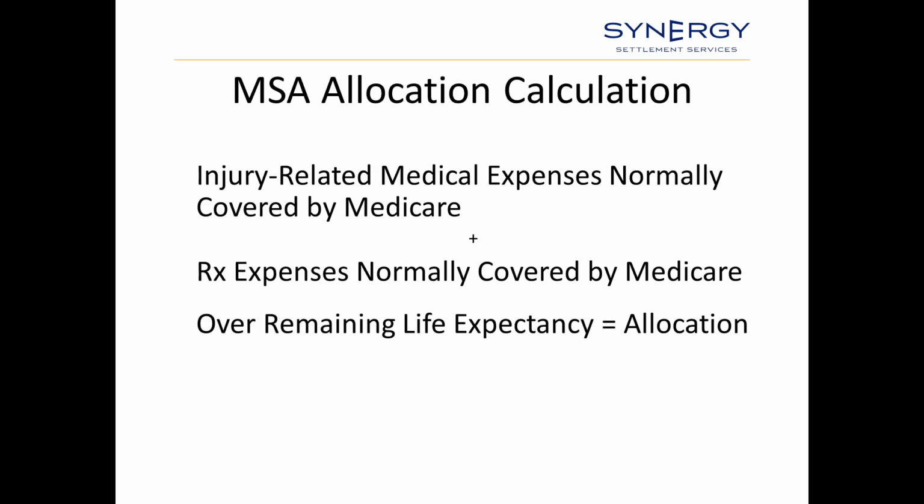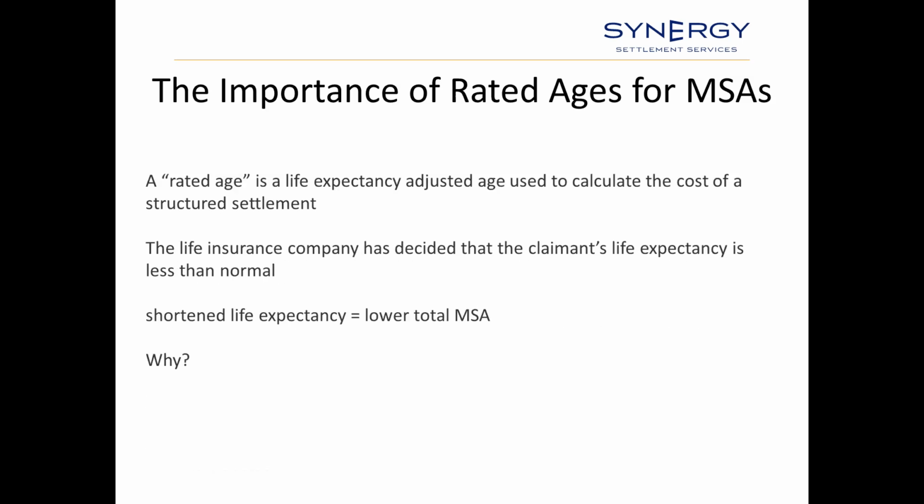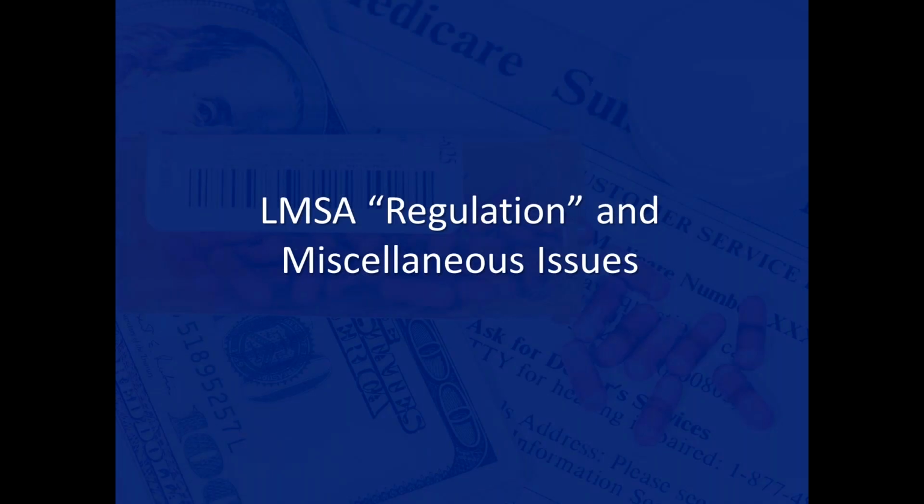And so going back to the previous slide, because it's calculated over remaining life expectancy, it's important to make sure that a rated age is utilized and is utilized aggressively, because that lowers the amount potentially to be set aside. And once perhaps an apportionment or reduction formula is applied, nothing is set aside, or there's an analysis of why other damages are so significant that really future medicals are not funded, it becomes important in that respect.